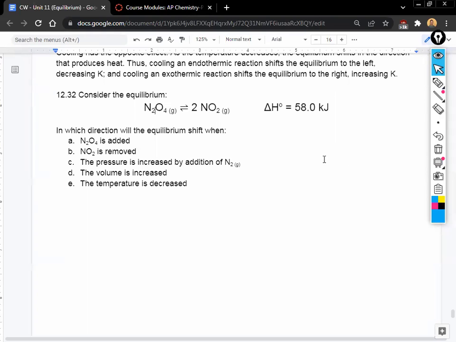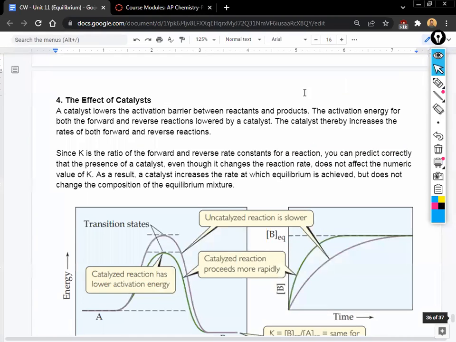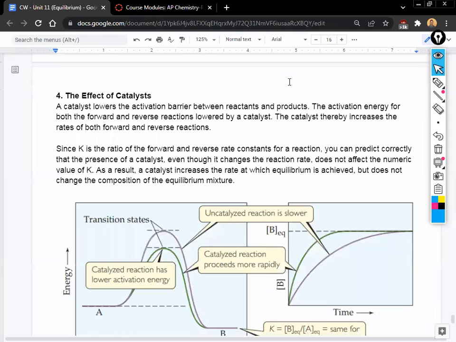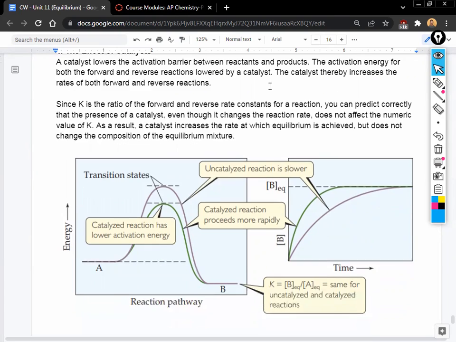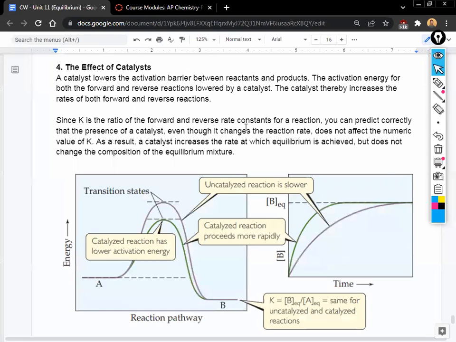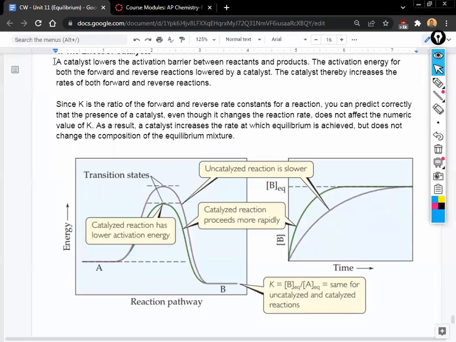All right, the last thing we're going to talk about for this unit is catalysts. You might have heard that term before. We talked about it briefly during the previous unit. You don't need to copy all this down. There are only two really important things you need to know for catalysts. The first is that a catalyst lowers the activation barrier between reactants and products.